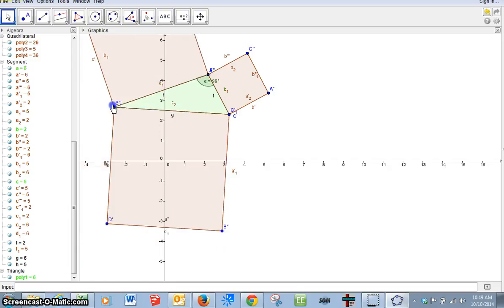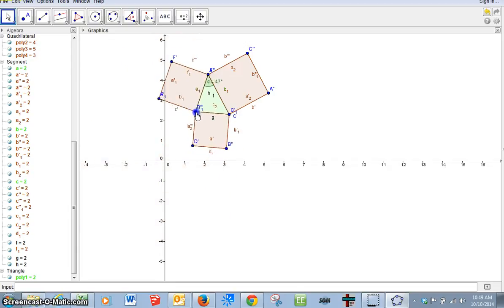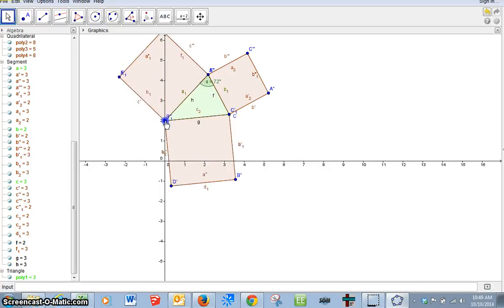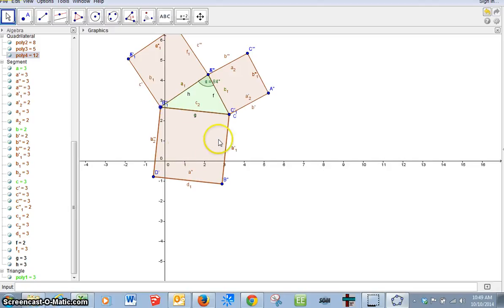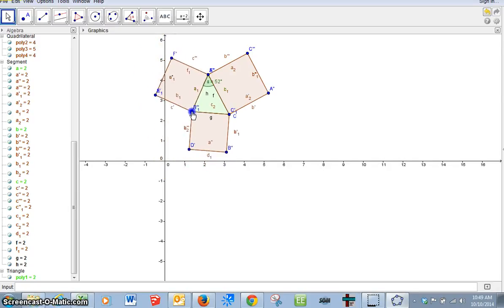But take a look at what happens to the area on C, this area here. Take a look at what happens to this area when the triangle gets more and more and more acute.